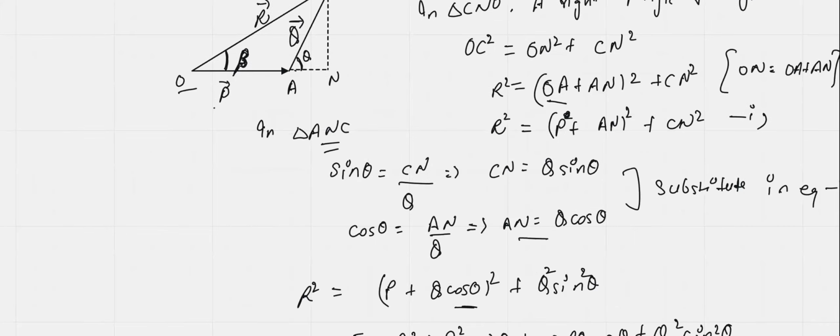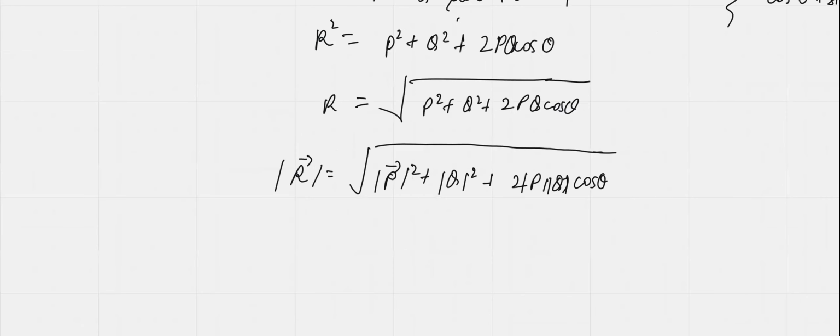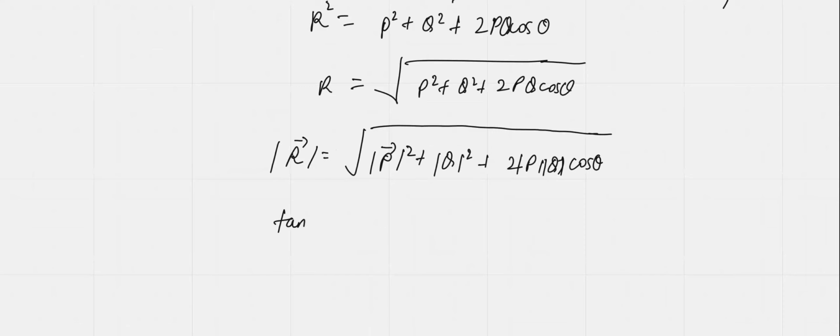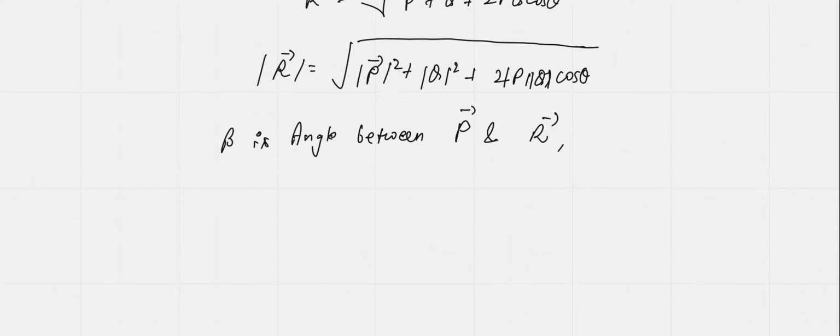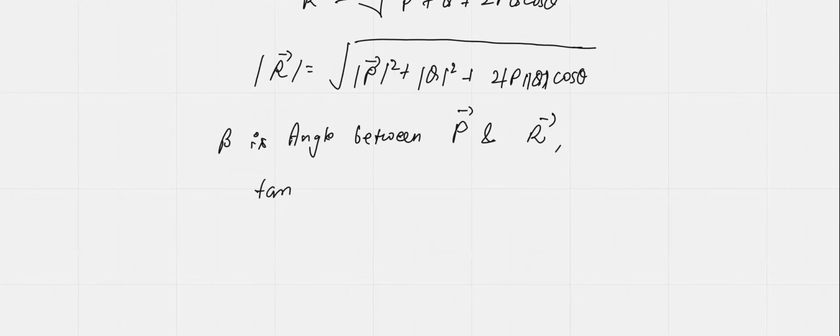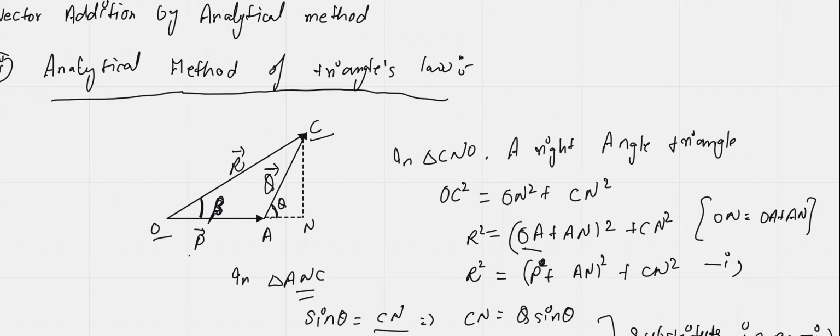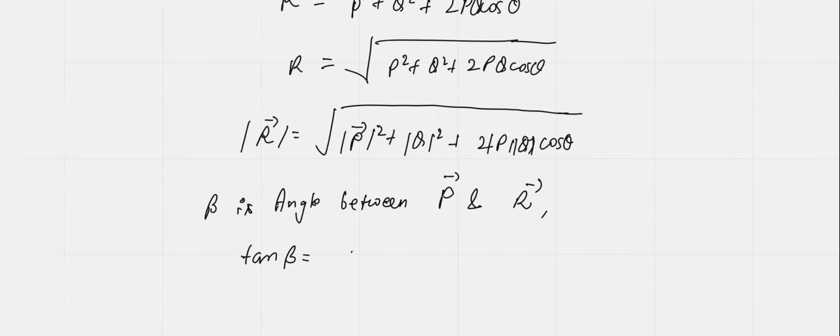I can write tan of beta, where beta is the angle between P vector and resultant vector R. So tan beta comes out as Cn divided by On.